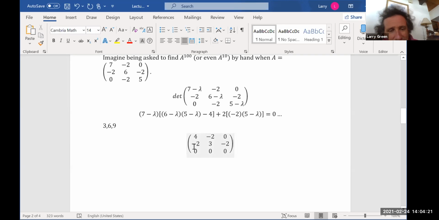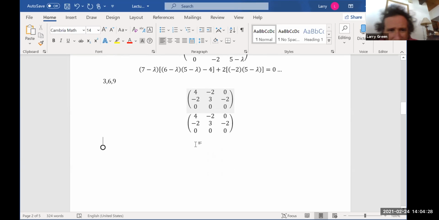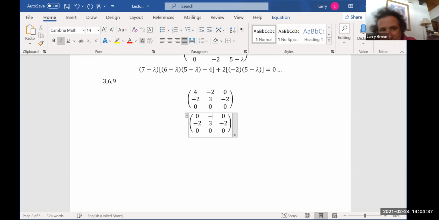Now I can, I don't know, how about double the second row added to the first row? And when I do that, the 4 becomes a 0. 6 plus negative 2 is 4. And negative 2 times 2 plus 0 is negative 4. Any questions on that? Okay, we're getting there.